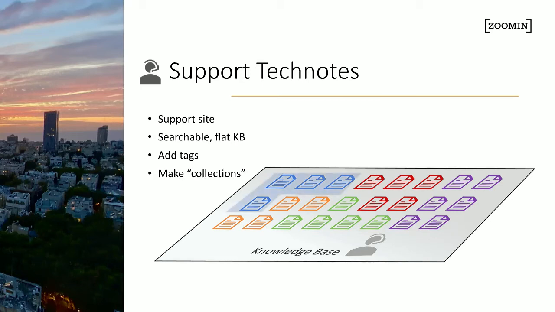And then what this allows these guys to do is to create what is commonly called in this world collections. These collections are loosely linked KB articles that are gathered together by virtue of the fact that they share the same tags, okay? So it's flat, and this kind of creates some kind of structure.